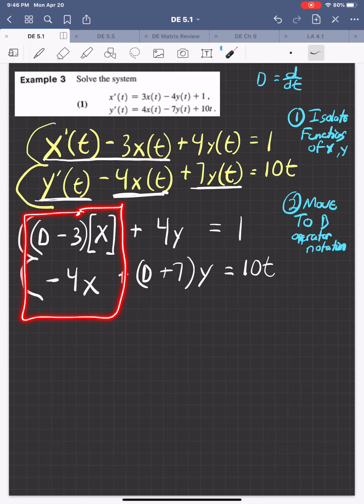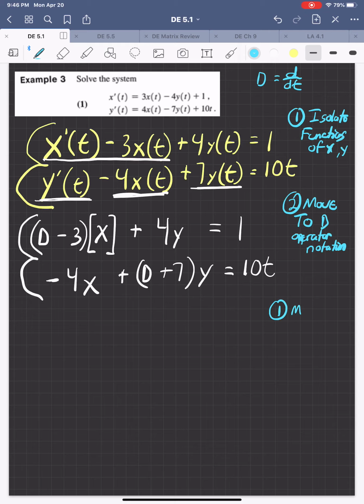So we'll start there. But I'm also going to need a D minus 3 in my second equation, right? So we have two parts here to tackle. So the first part is going to be multiply equation 1 by positive 4.